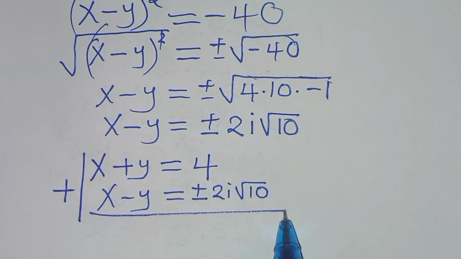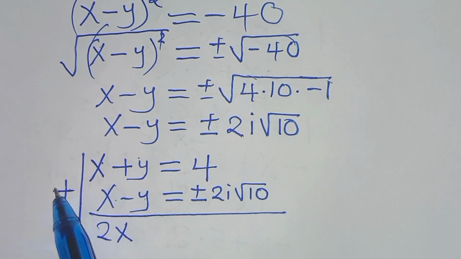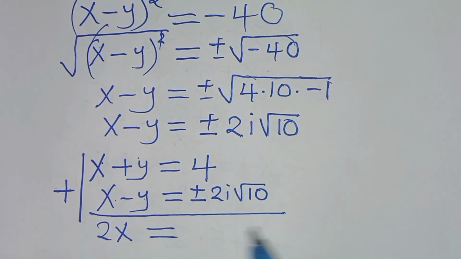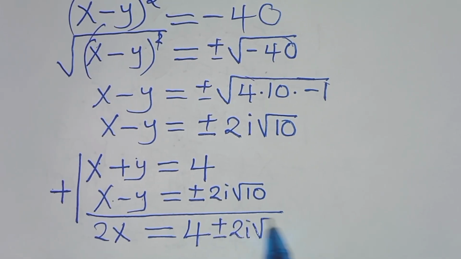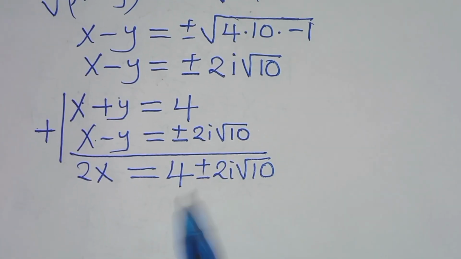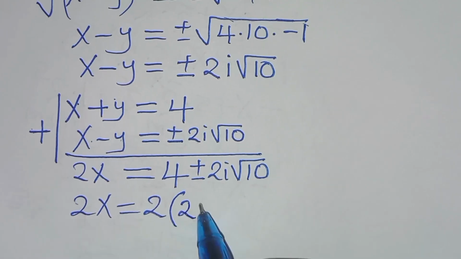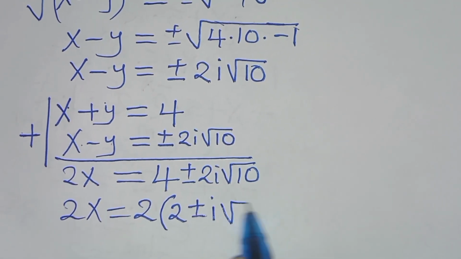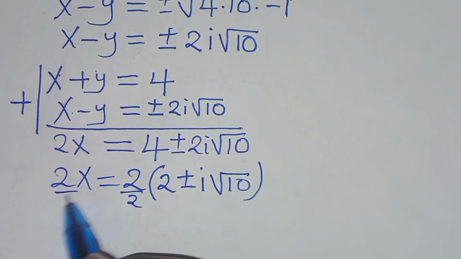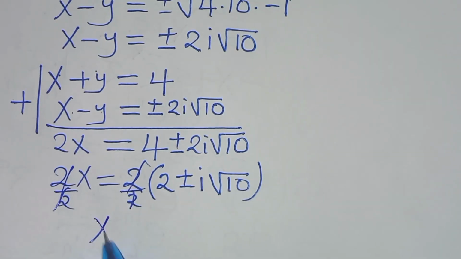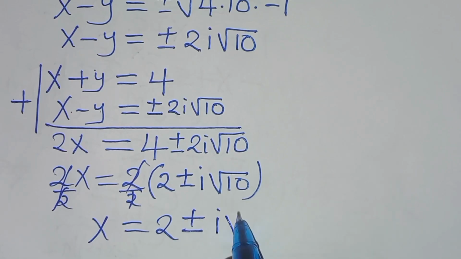So now here, x plus x is 2x. y plus minus y simplifies, and this is equal to 4 plus or minus 2i square root of 10. We can factor out 2 here, so we have 2x is equal to 2 into the parentheses 2 plus or minus i square root of 10. So let's divide both sides here by 2, so that now x is equal to 2 plus or minus i square root of 10.